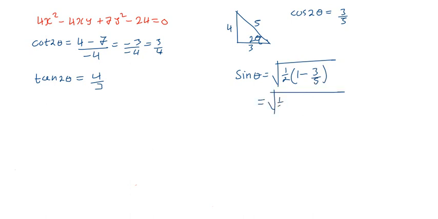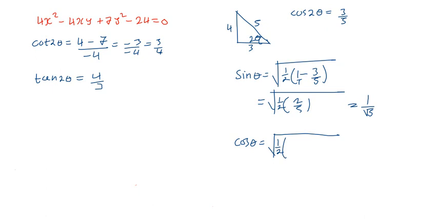That's 1 over 2, then that's going to be 2 over 5, giving us 1 over the square root of 5. Is that correct? Yes. Okay.